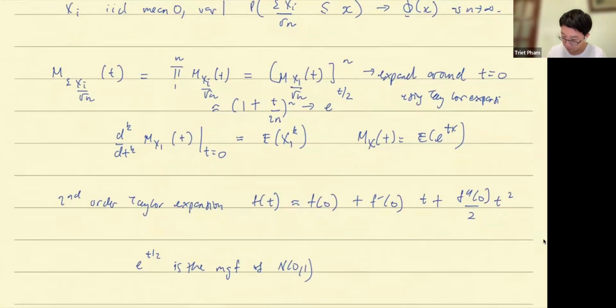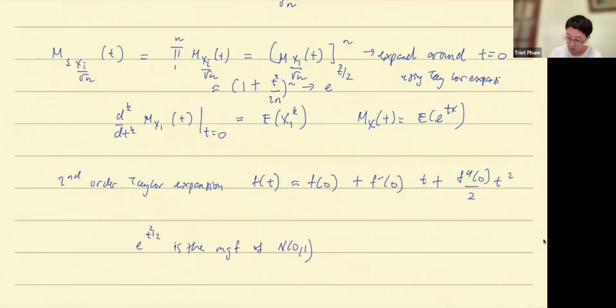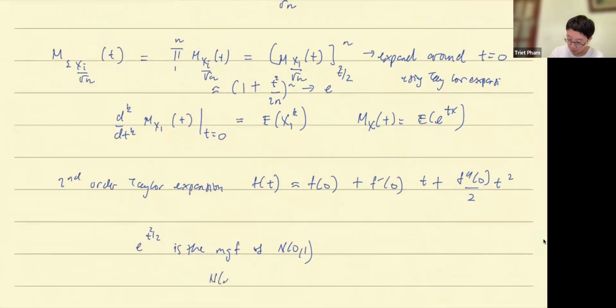Am I right? Oh, sorry, t squared, because this is t squared. So e to t squared over 2 is the MGF of a normal. Remember, the MGF of a normal with mean mu and variance sigma squared is e to t mu plus 1/2 t squared sigma squared. So e to t squared over 2 is the MGF of normal 0, 1.